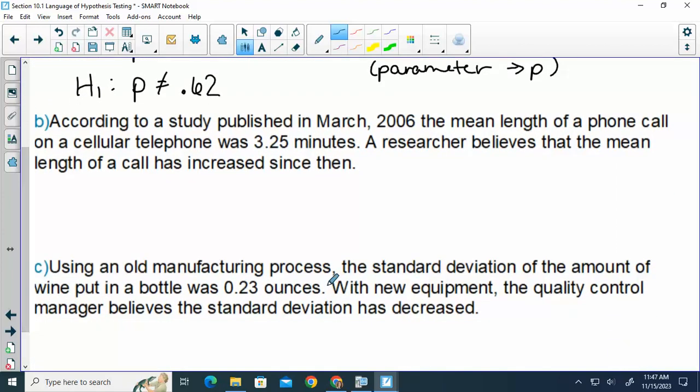According to a study published in March 2006, the mean length of a phone call on a cell phone was 3.25 minutes. A researcher believes that the mean length of a call has increased since then. So the null hypothesis is what?